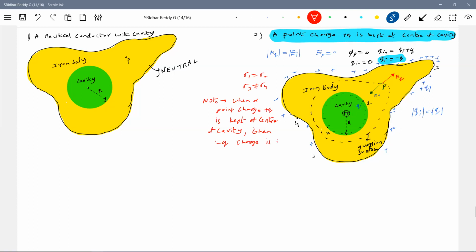Minus q charge is induced on the inner surface of the cavity and plus q on the outer surface of the conductor.